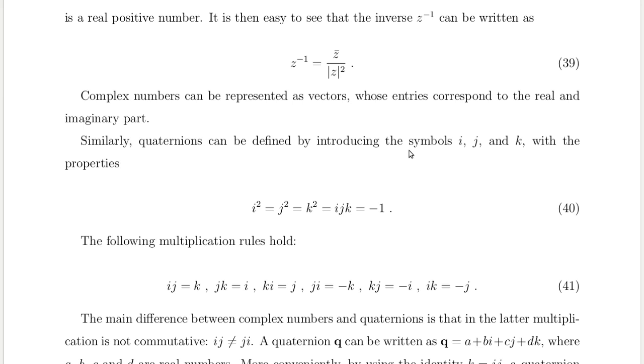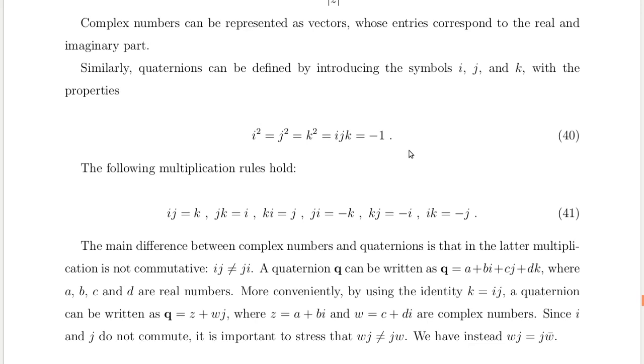So they're not equivalent. A quaternion can always be represented as a sum of a real number plus a real number times i plus a real number times j plus a real number times k. And there is also an alternative, more convenient representation.